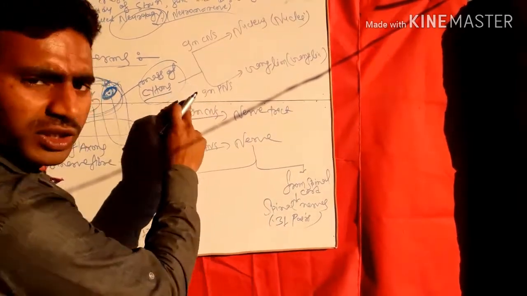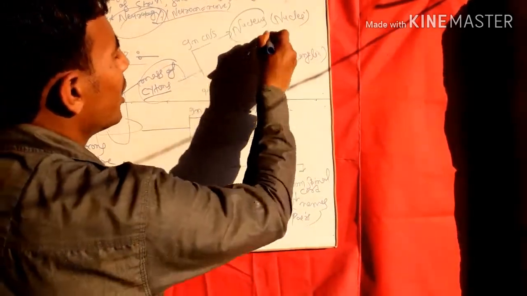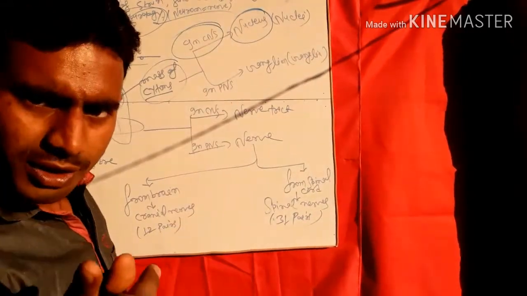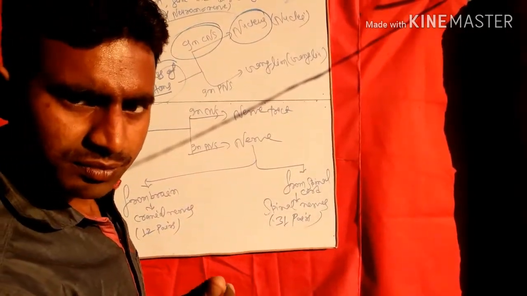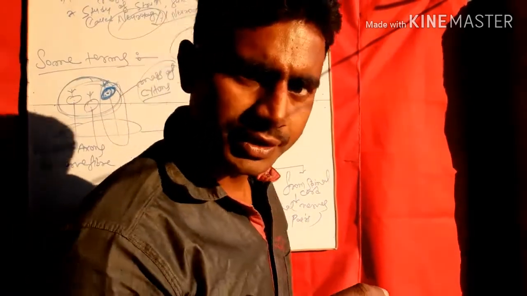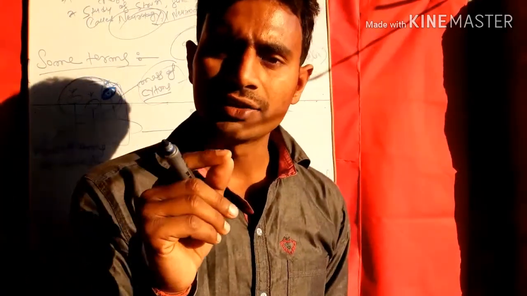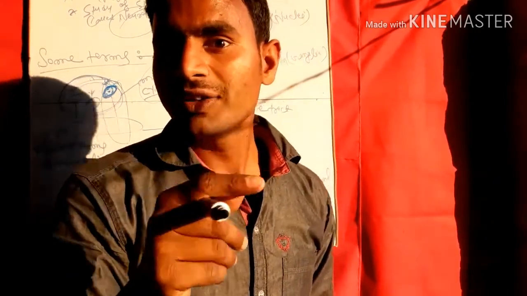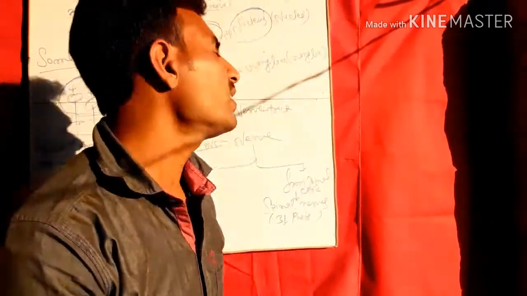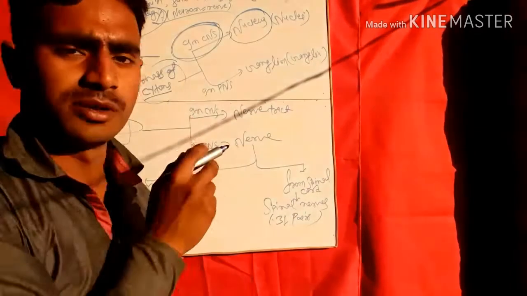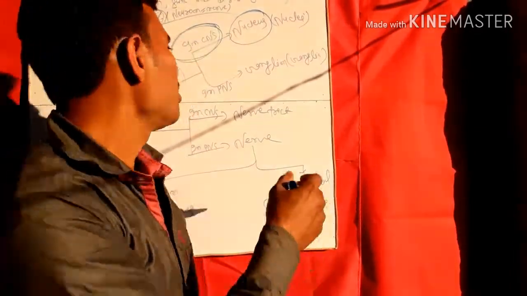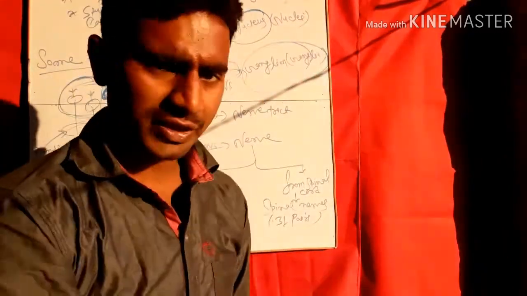Okay, and in the cyton, a nucleus is present in the central nervous system. You have studied here that in the cyton, nucleus is present, and that is in the central nervous system. But in the peripheral nervous system, ganglia is present.